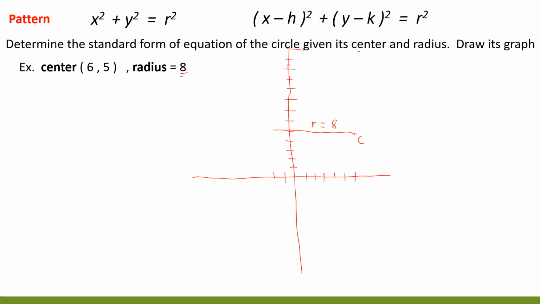And then, 8 pa kanan, so we have your 1, 2, extend natin, 3, 4, 5, 6, 7, 8. So, approximately, eto siya. Okay? And then, 8 pa baba. Di ba nagtaas tayo ng 5? So, pwede tayo magdagdag ng 3 na lang. 1, 2, 3. And then, approximately, ayun.